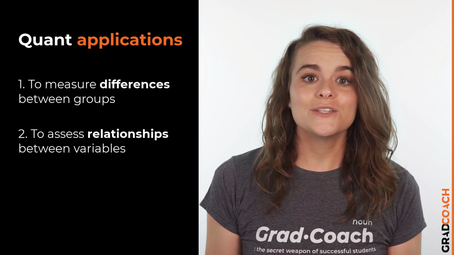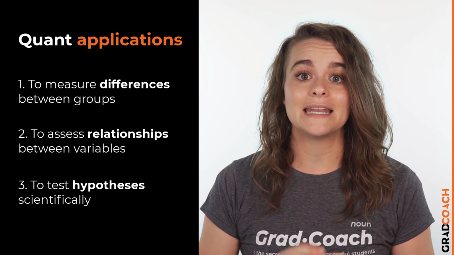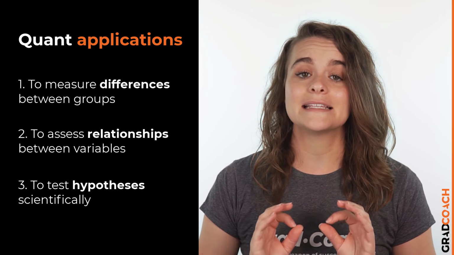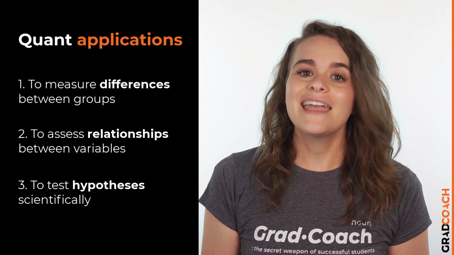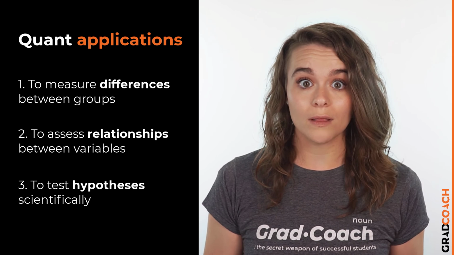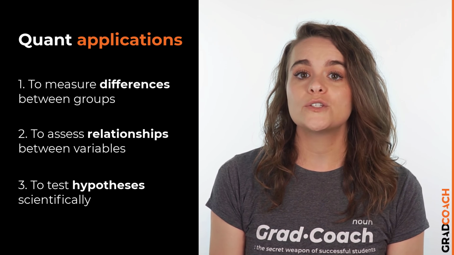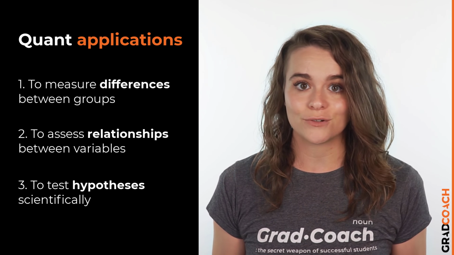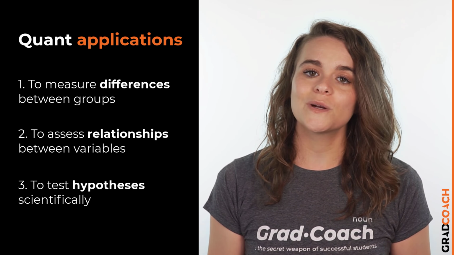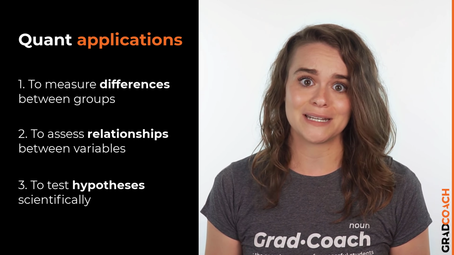And third, it's used to test hypotheses in a scientifically rigorous way. For example, a hypothesis about the impact of a certain vaccine. Again, this contrasts with qualitative analysis, which can be used to analyze people's perceptions and feelings about an event or situation. In other words, things that can't be reduced to numbers.